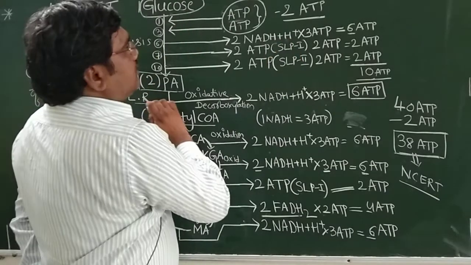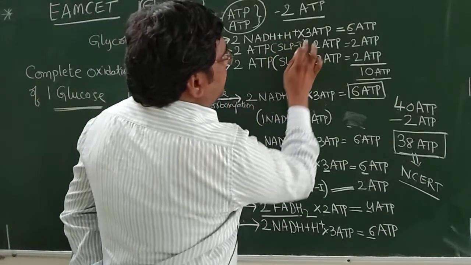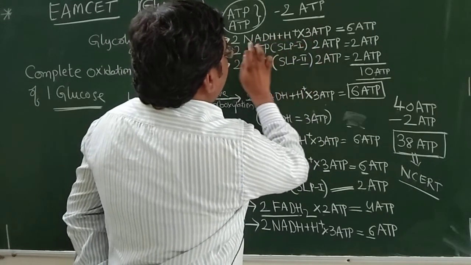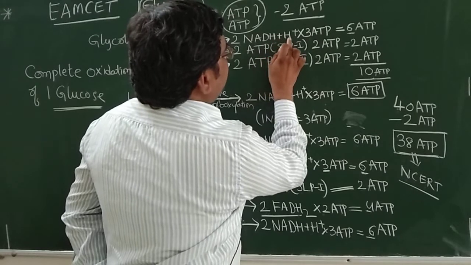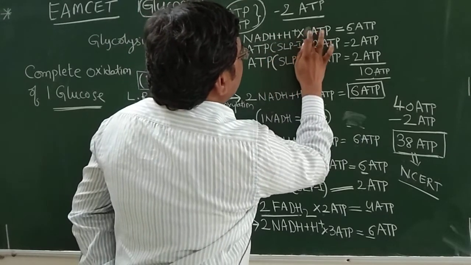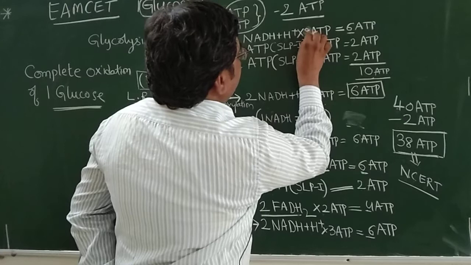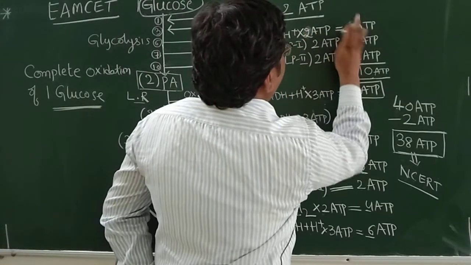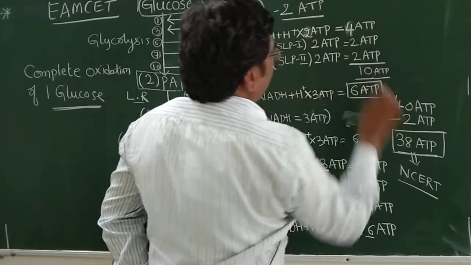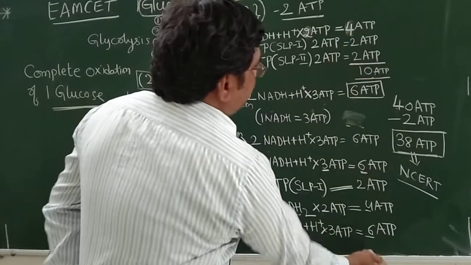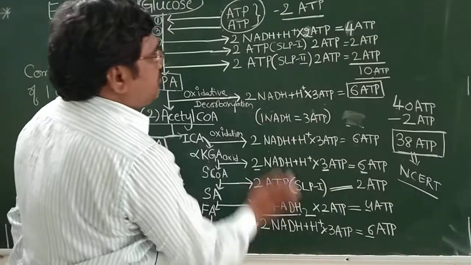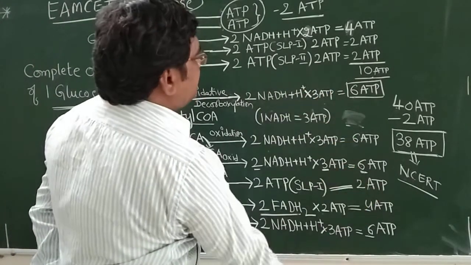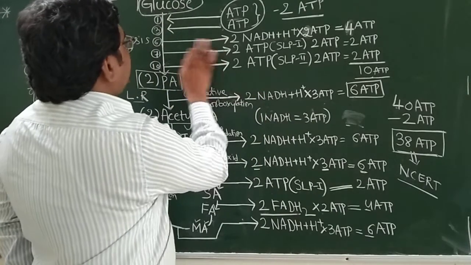According to the Telangana state second year botany textbook, 1 NADH plus H plus is equal to 2 ATPs. Here 2 into 2, 4 ATPs are given. Okay na? So the remaining ATP formation numbers are all the same, except in the 6th reaction.